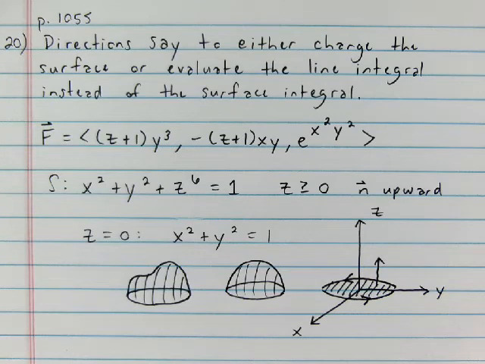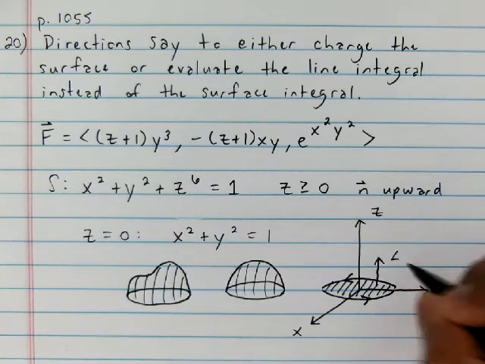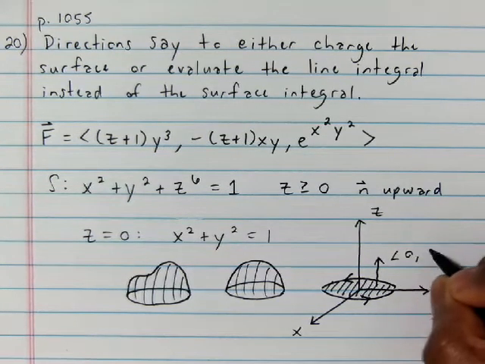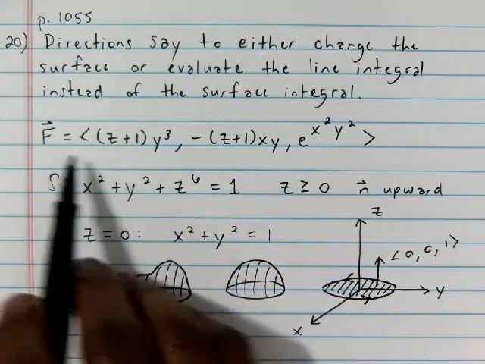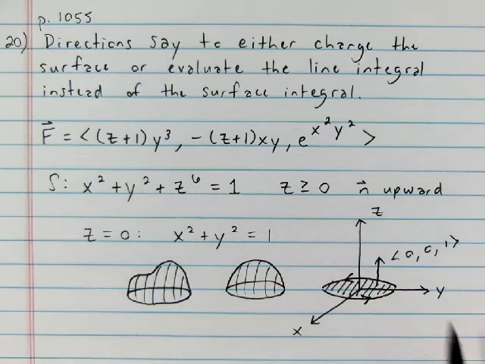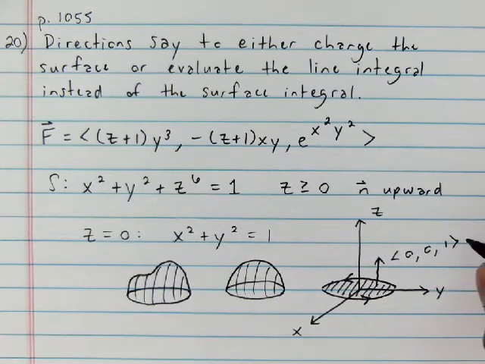All right, so now this plane is the XY plane, and I know that vector right there is just the vector 0, 0, 1. All right, now what we need is the curl of this vector field. And in this problem, actually we'll call this n.